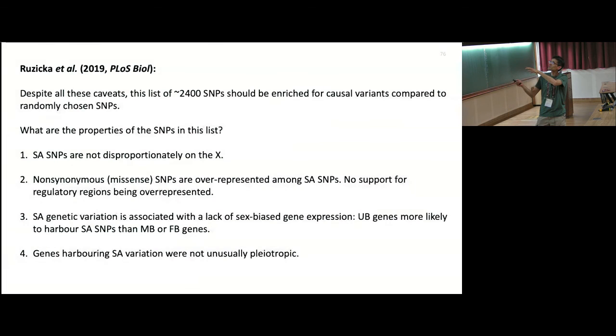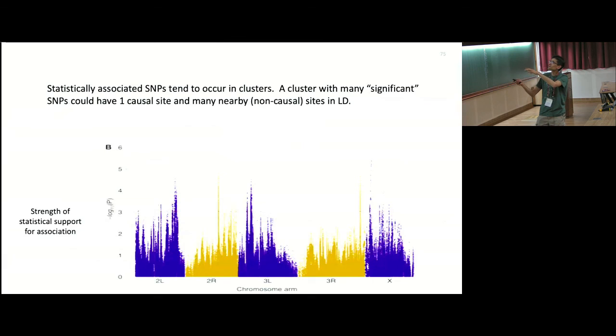I can't, to be honest, so the 2400 represents all the SNPs above the line. At some point, they just take one site per peak to come up with a more reasonable number.